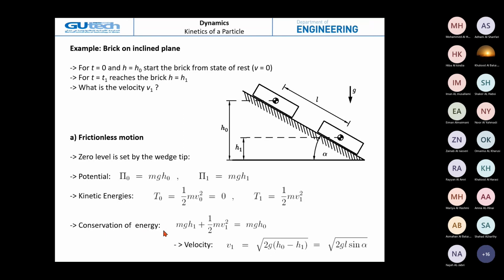The potential energy P1 plus the kinetic energy T1 will be equal to the potential energy P0 plus T0, which is equal to 0. Then we get the velocity from this expression: v1 is the square root of 2 times g L sine alpha. This value we have seen already.